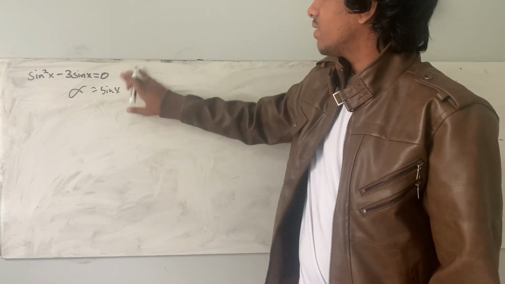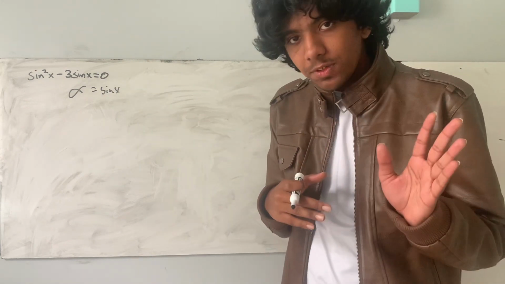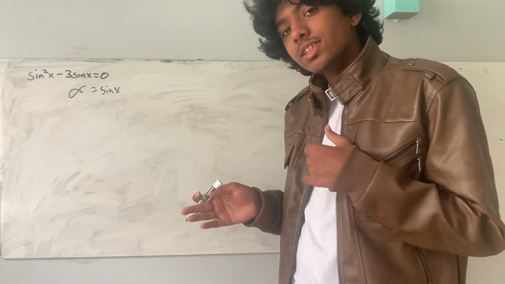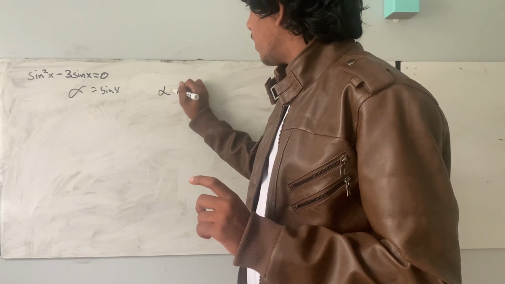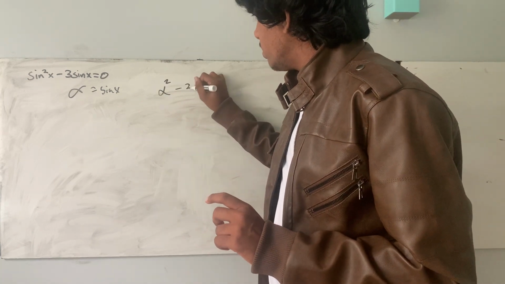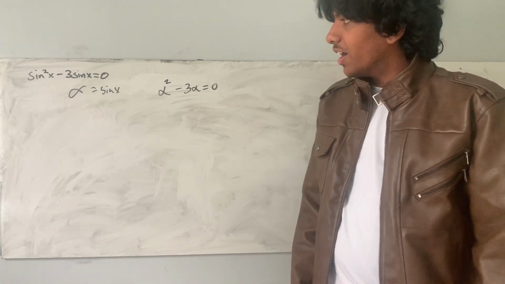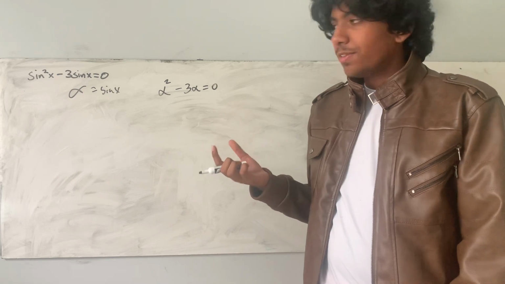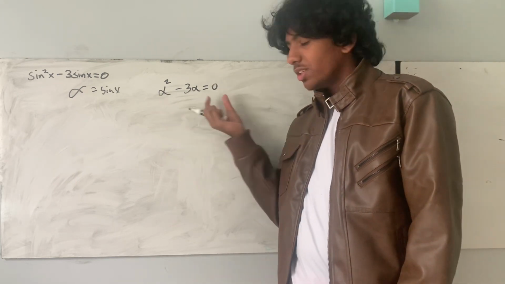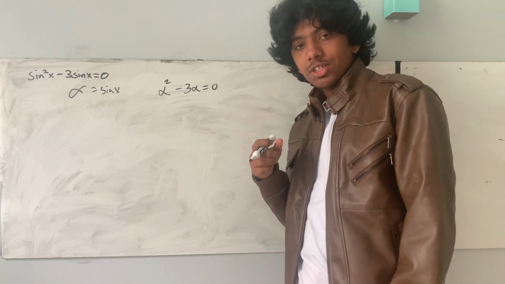Right? So now we can solve in terms of alpha and then solve in terms of x. We're basically not trying to confuse ourselves. So alpha squared minus 3 alpha equals 0. Right? This is a quadratic, remember. Doesn't matter what alpha is, doesn't matter what x is. This is one variable squared, there's another variable times a number that equals 0, that's a quadratic.